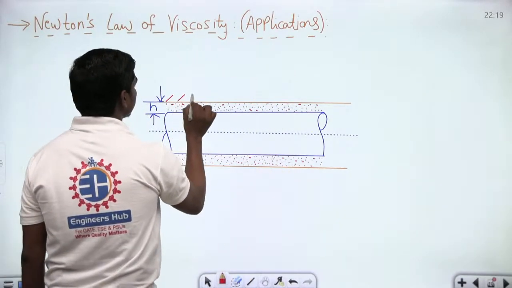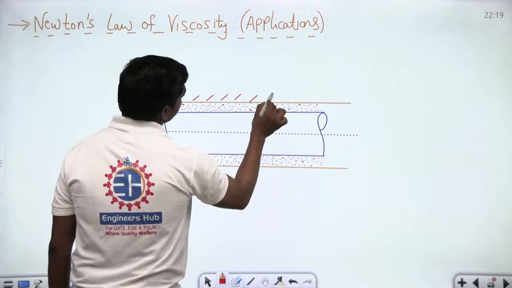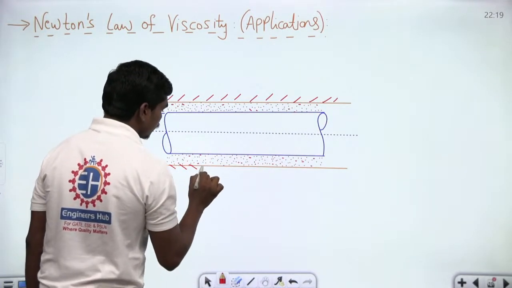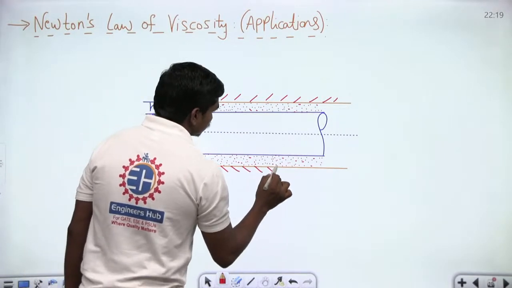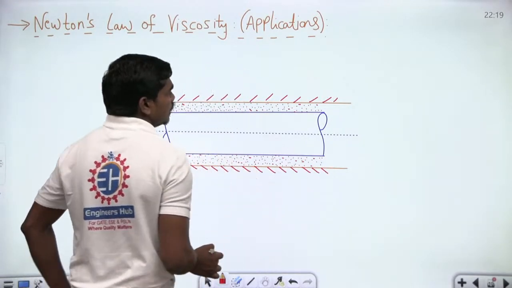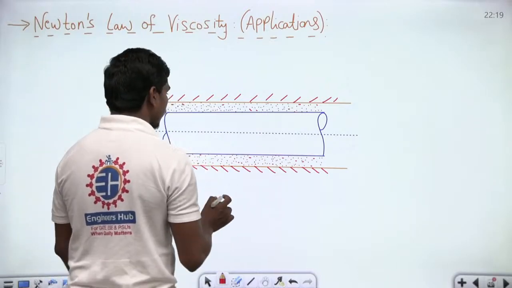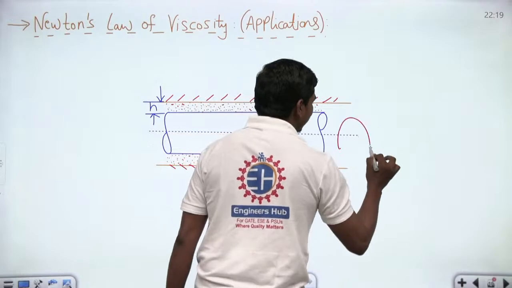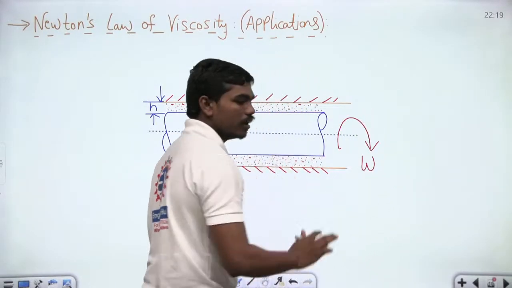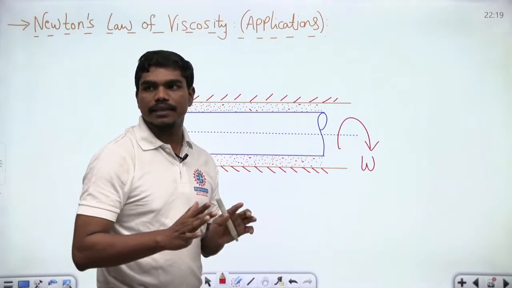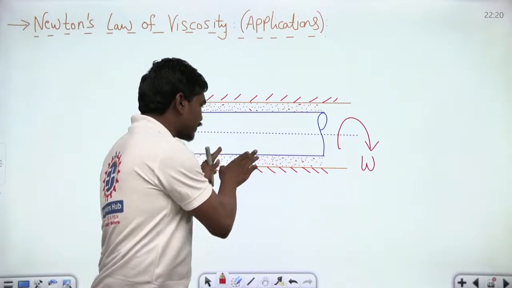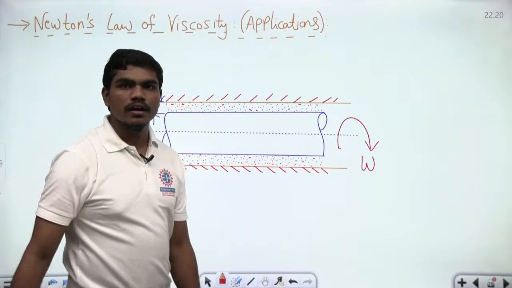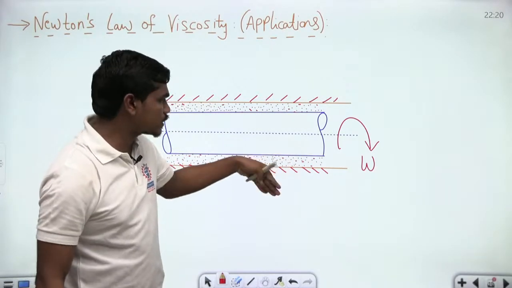So, let us suppose this journal is fixed, the sleeve of the shaft is fixed, and this shaft is moving. Now, if this shaft is rotated at some angular velocity omega, please tell me one thing: because of the viscous effects here, will there be some power that gets absorbed into this viscous oil to overcome the viscosity of this oil?